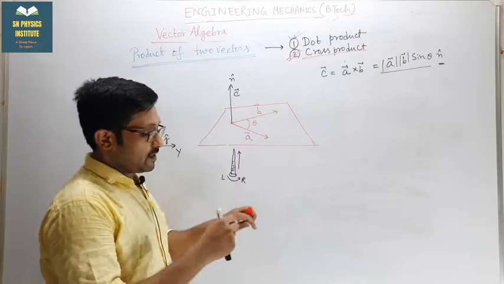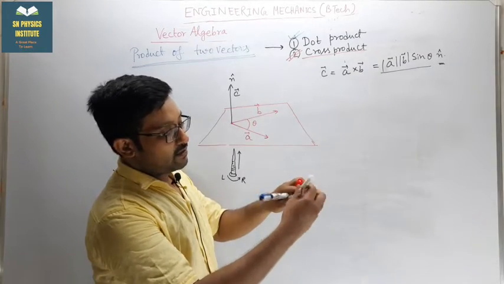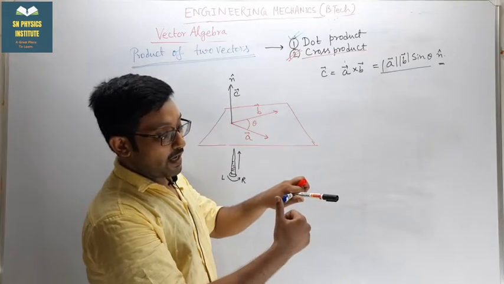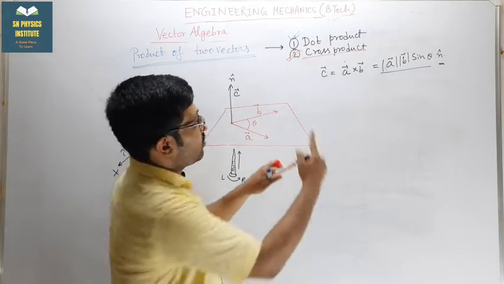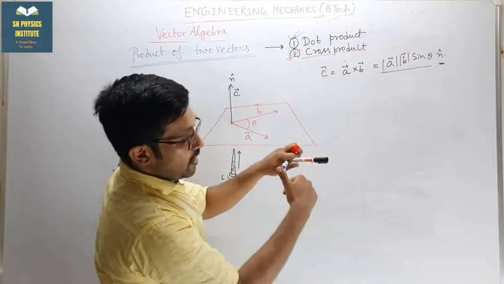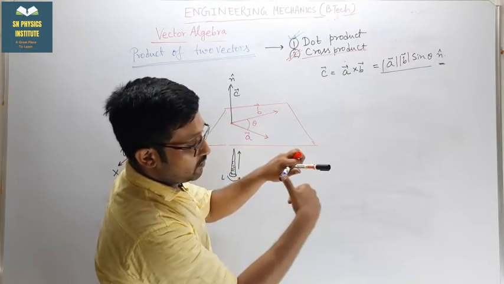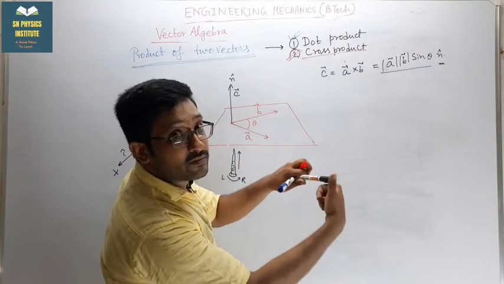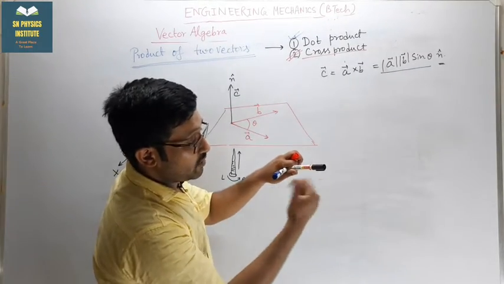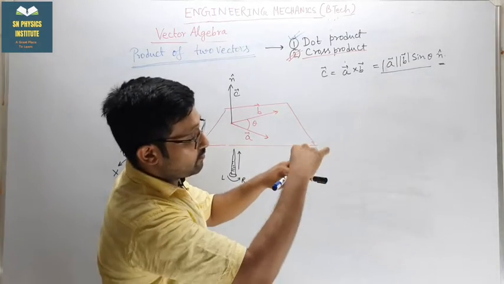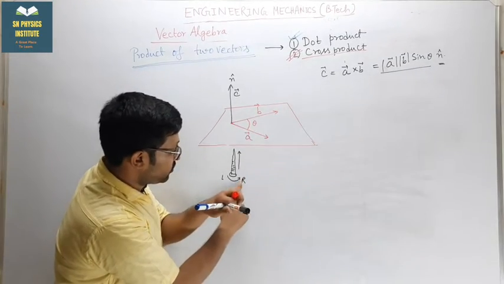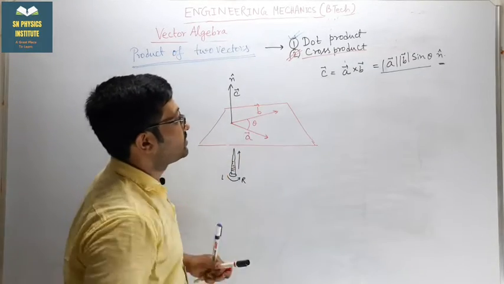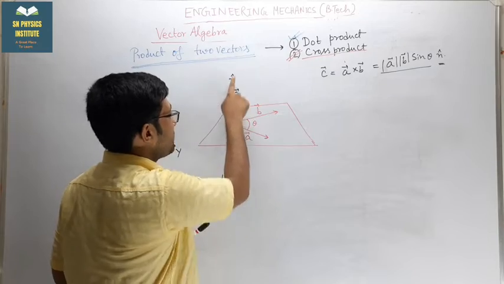This black color is your B vector, this is A vector. A cross B means if you rotate A vector to the B vector, you are moving left to right direction. If you move the screw left to right, then the perpendicular will be upward direction. So for that reason I have drawn the perpendicular in the upward direction.